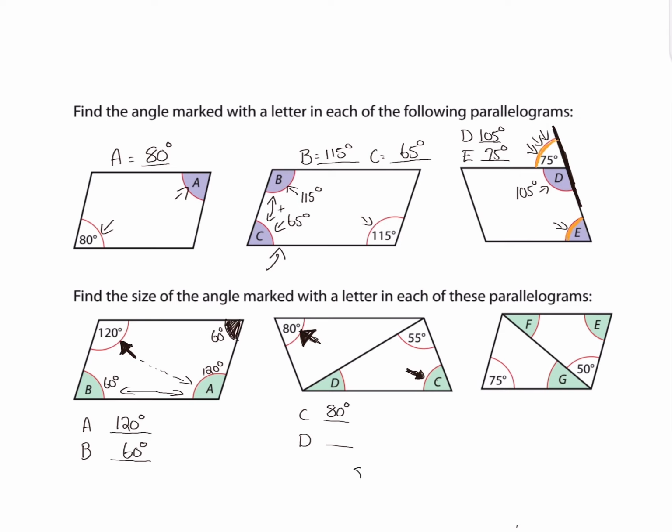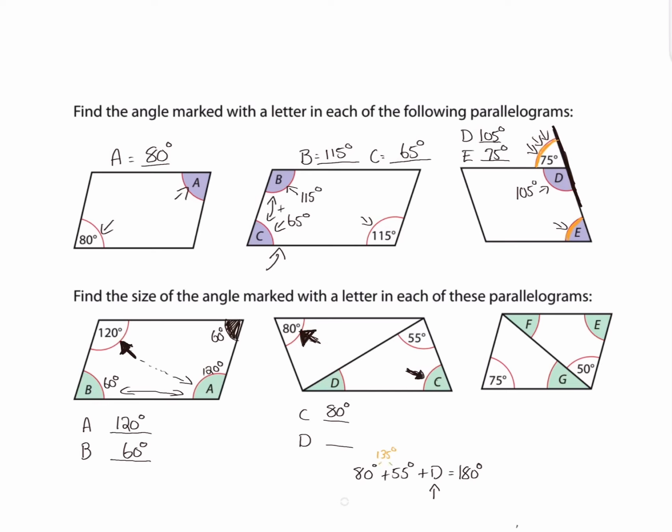So I've got 80 degrees and I'm adding 55 degrees, and then I have to add D, and it will give me 180 degrees. What is D? Well, 80 plus 55 gives us 135. Let me just write that out. Am I right? 135 degrees if you add those 2 together.